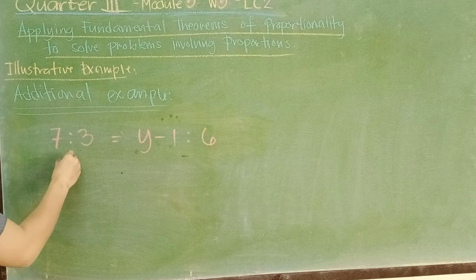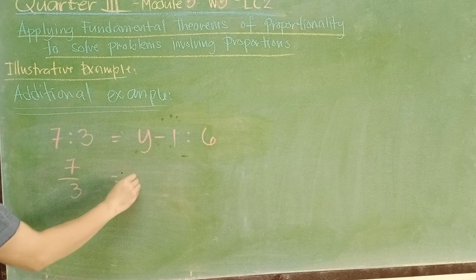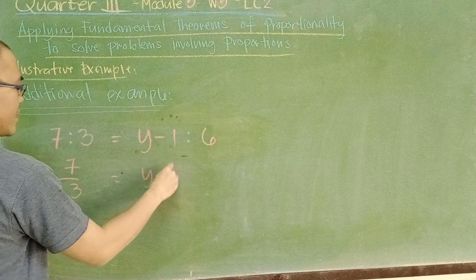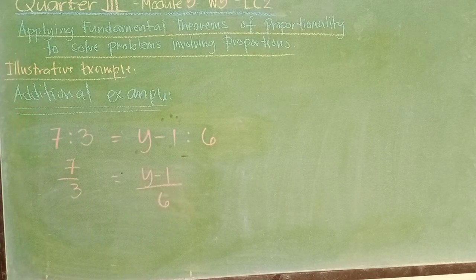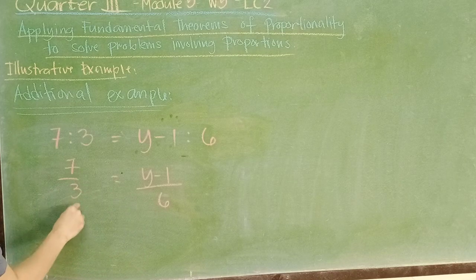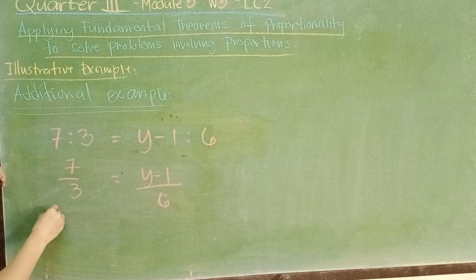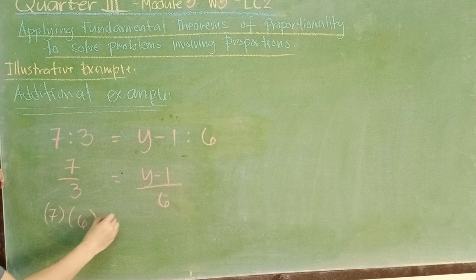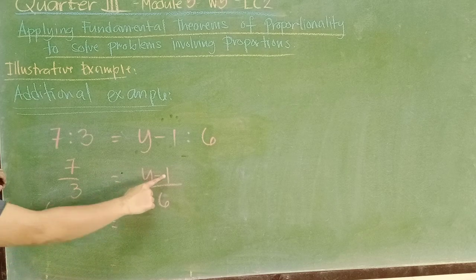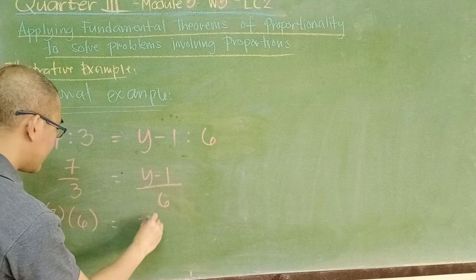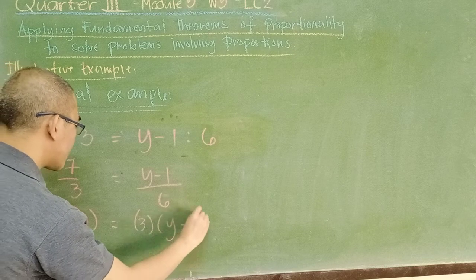So this will become 7 over 3, and this will become y minus 1 over 6. Same solution, we cross-multiply. So 6 times 7, that is 42. Let me show how it became 42: 7 times 6, and then 3 times y minus 1.